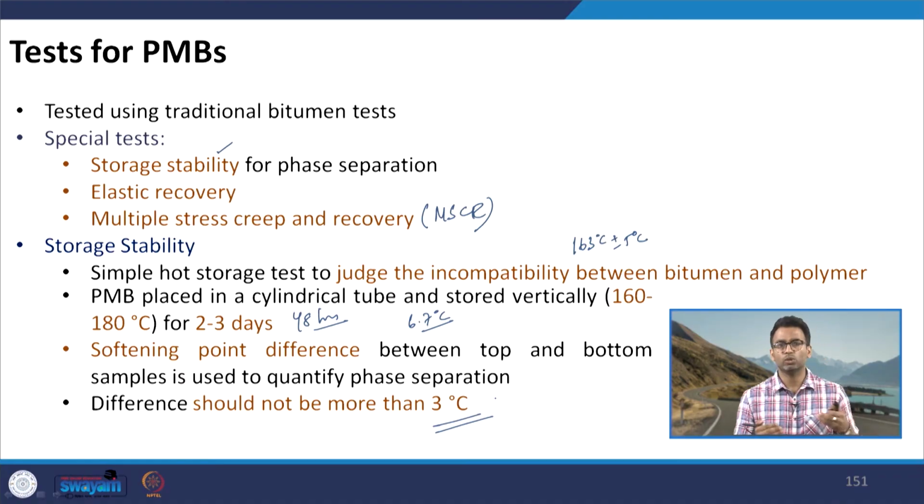I will extract bitumen out of it, and I will do a softening point test for the top portion and for the bottom portion. And then, in order to ensure that phase separation has not taken place, the difference in softening point of the bitumen sample taken from the top and bottom should not typically be more than 3 degrees Celsius. So, this is a test to ensure that phase separation has not taken place.